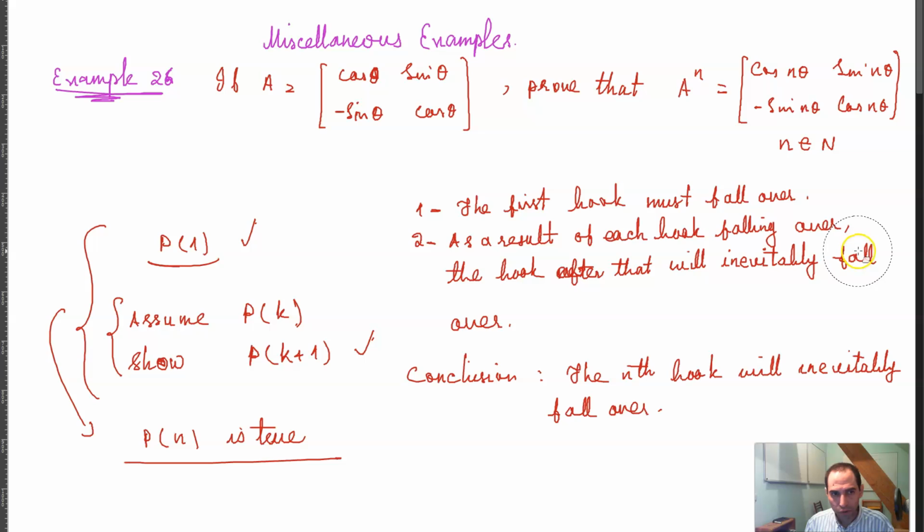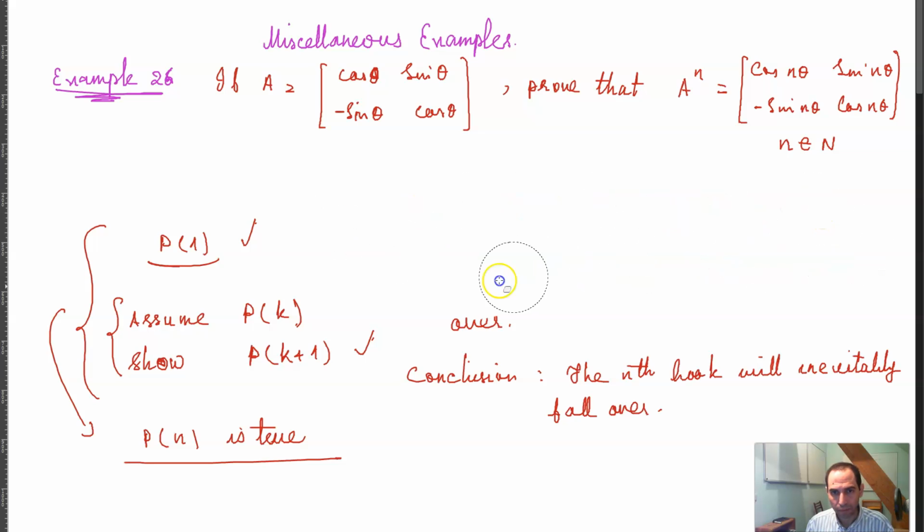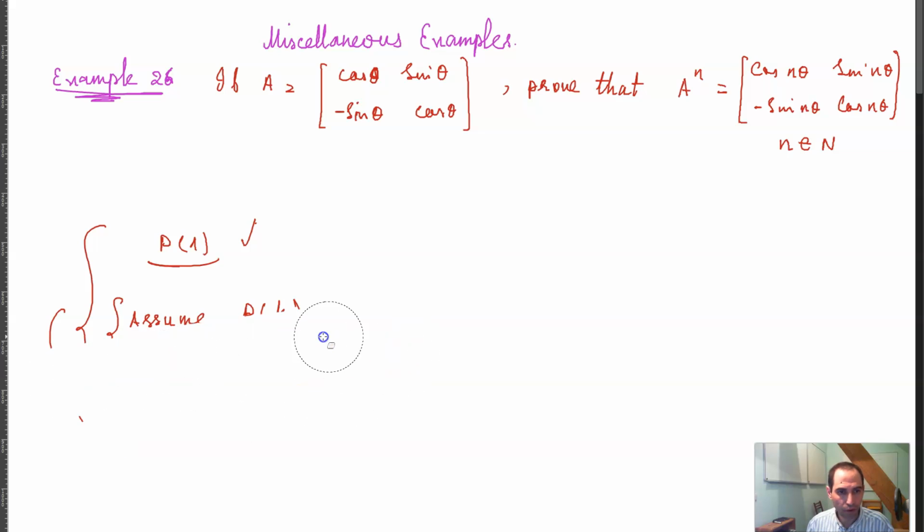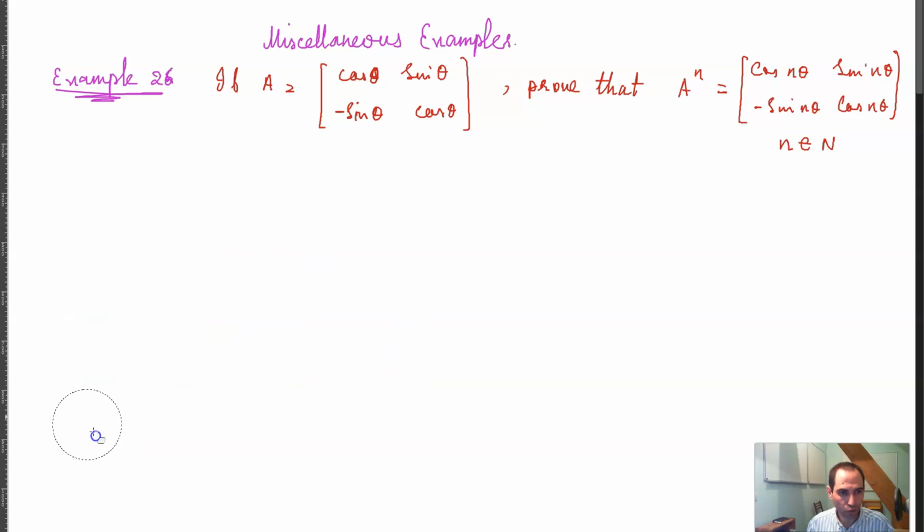So now let's do this. First of all, P of 1 is supposed to be true.